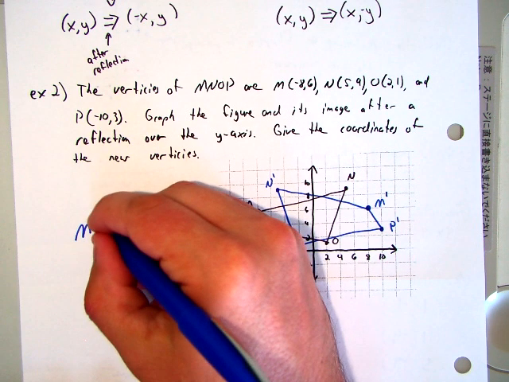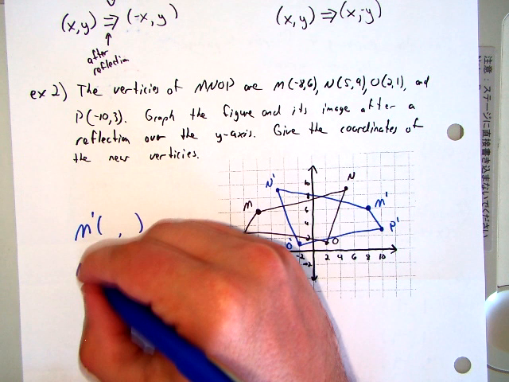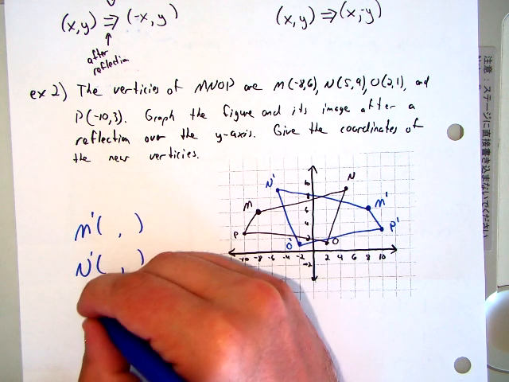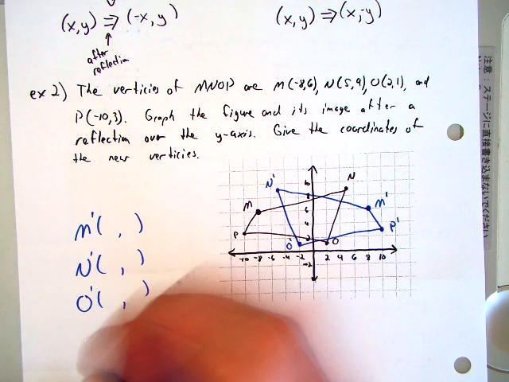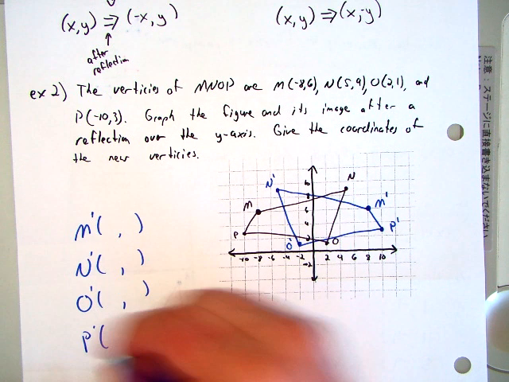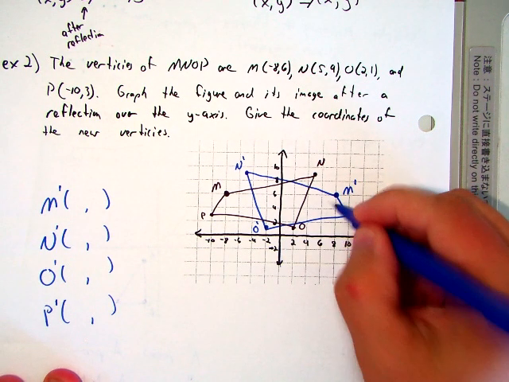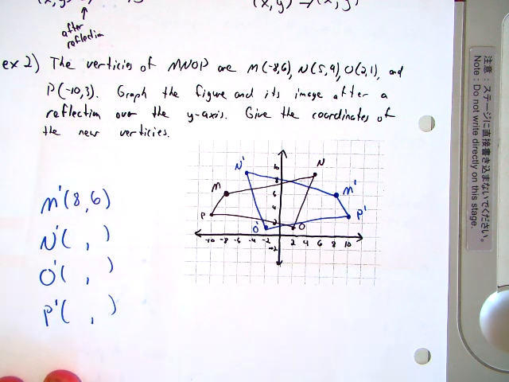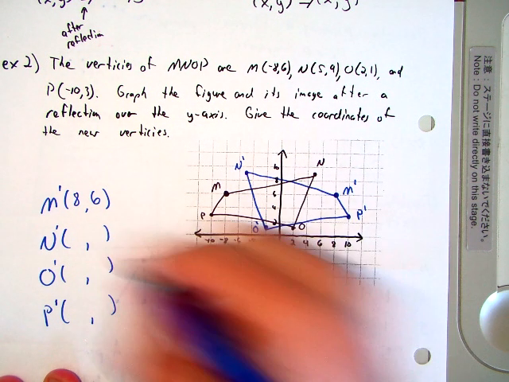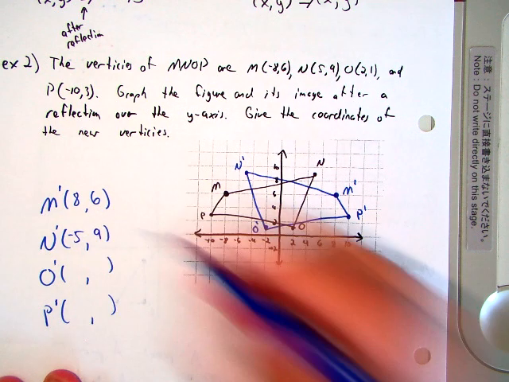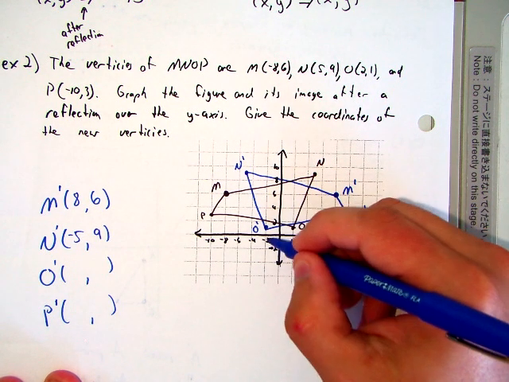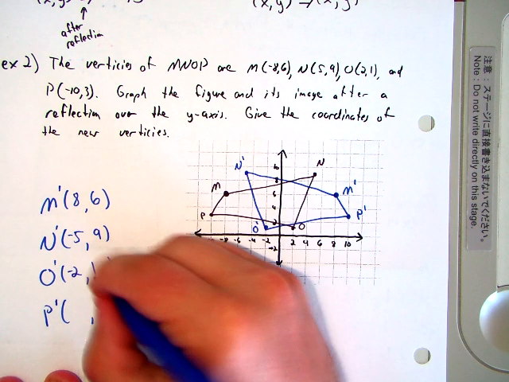So let's go ahead and start writing down the ordered pairs. So M prime, N prime, O prime, and P prime. M prime is at 8, 6. N prime is at negative 5, 9. O prime is at negative 2, 1.